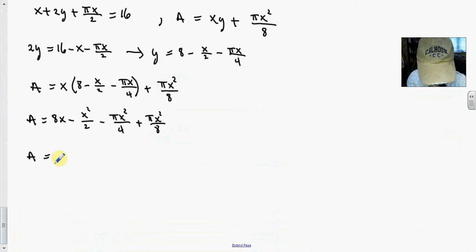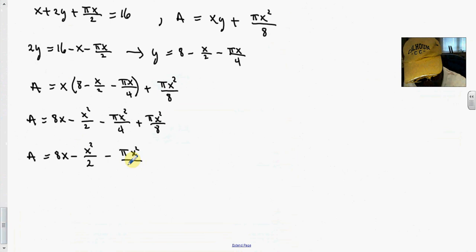So here the area, do a little simplification if we can. Combine these two terms. Make this 2 pi x squared divided by 8. And so negative 2 plus 1, this is the 2. So this becomes negative pi x squared over 8.